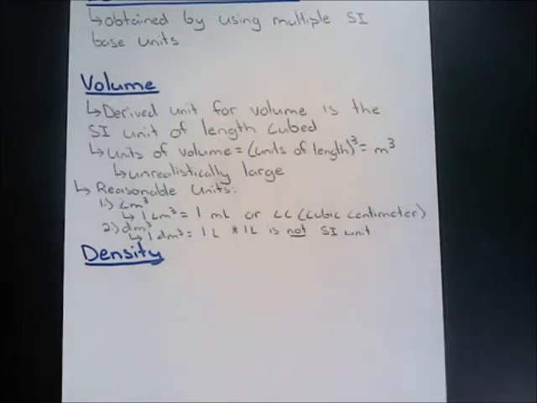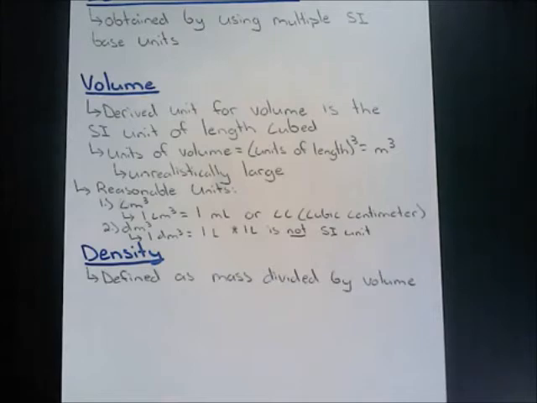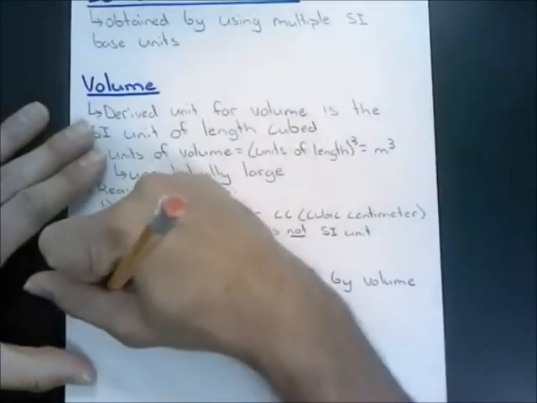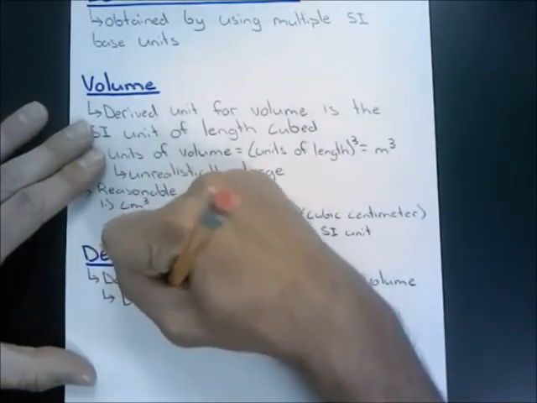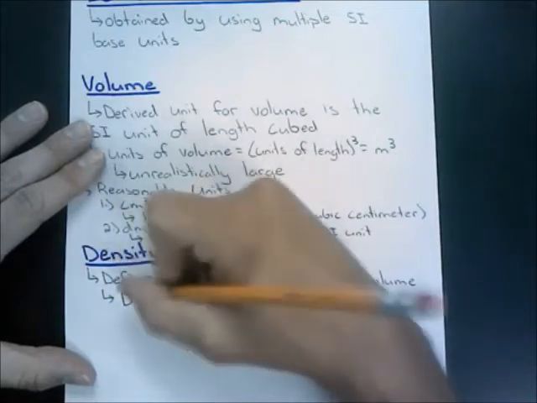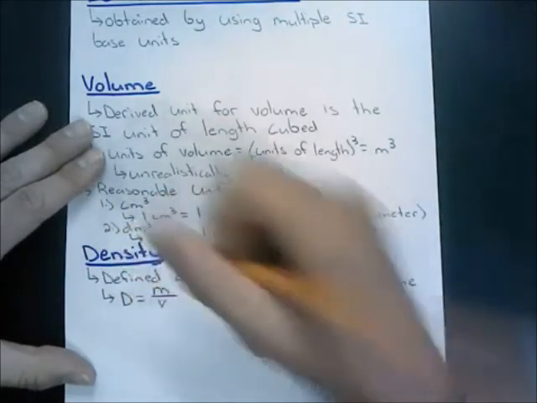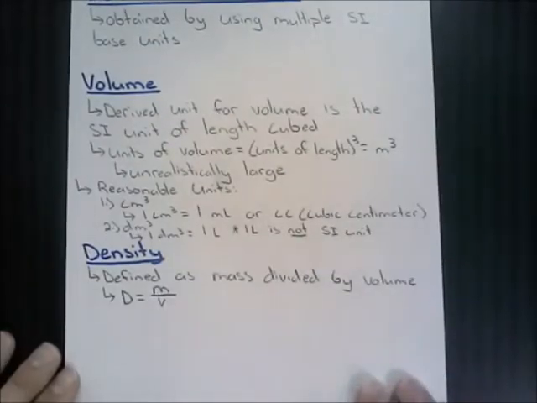Now, density is defined as mass divided by volume. And it's a lot easier to see this in a mathematical formula. That formula is D for density equals M for mass divided by V for volume.